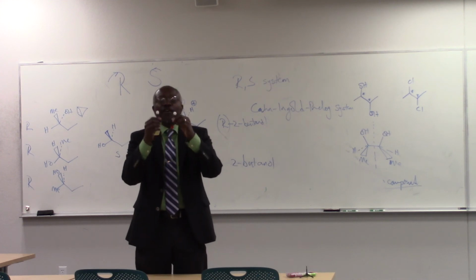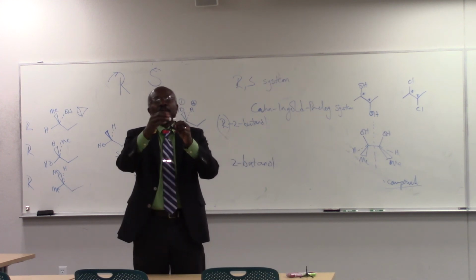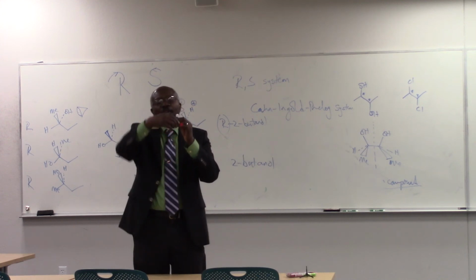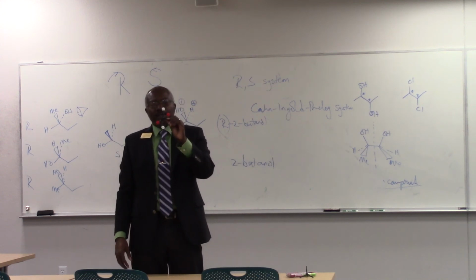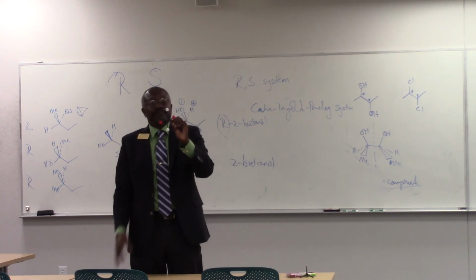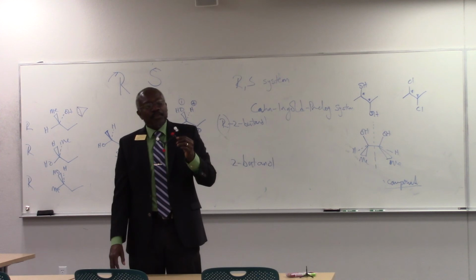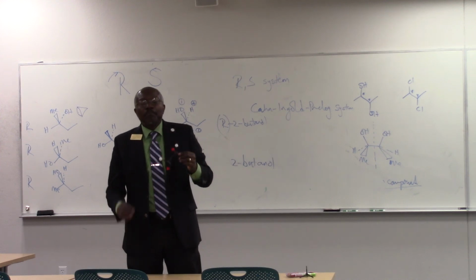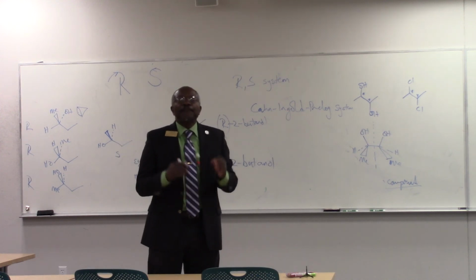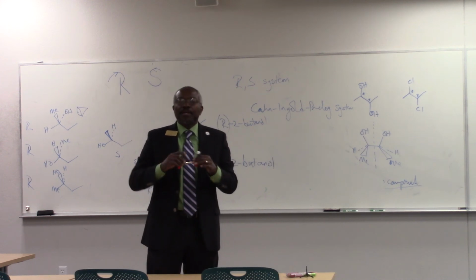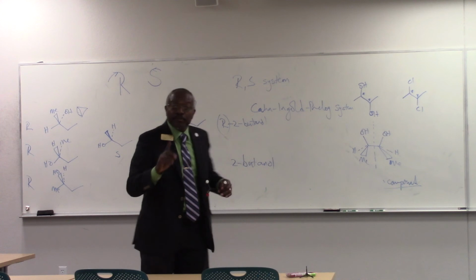So in this conformer, the whites and the whites are eclipsed. In this conformer, the whites are anti. This conformer, the whites are gauche. Okay? But the configuration of the carbons doesn't change by rotation, right?